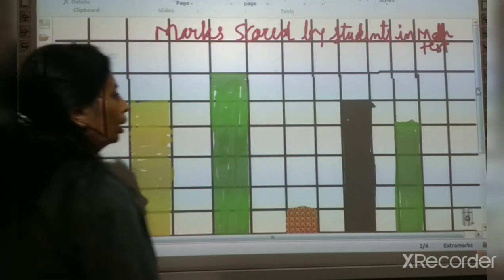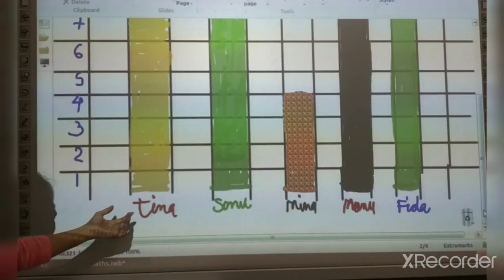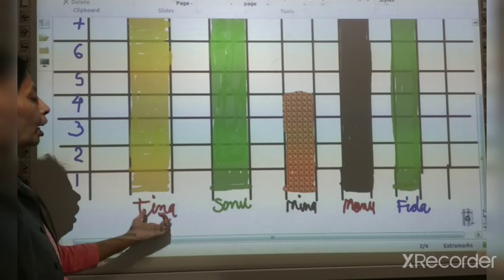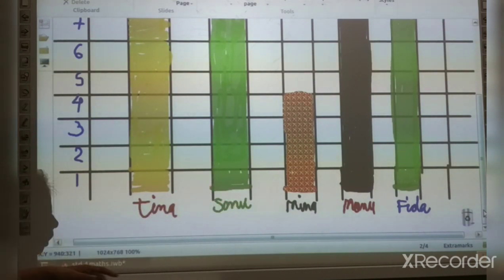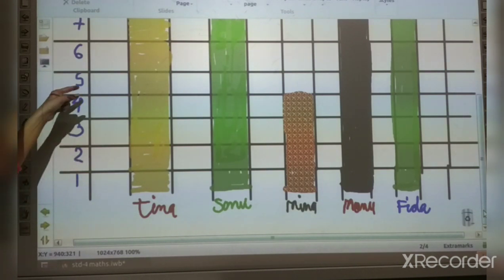Here the students' names are given. Third question, what does the vertical line show? Here marks are given, and 1 unit is equal to 1 mark.